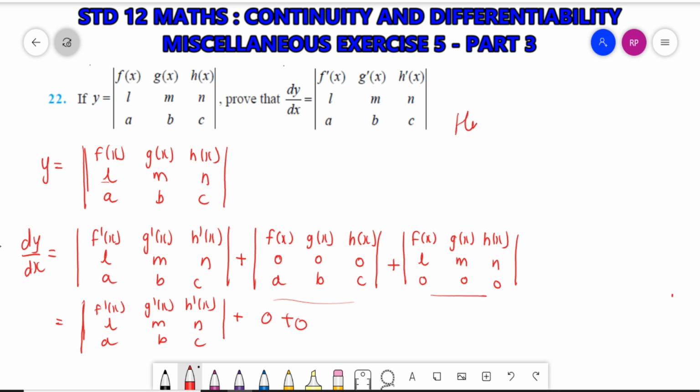Hence, dy by dx will be equal to f dash x, g dash x, h dash x; l, m, n; a, b, c. Okay, hence we have proved. Clear? So this was about question number 22. So just note it down.